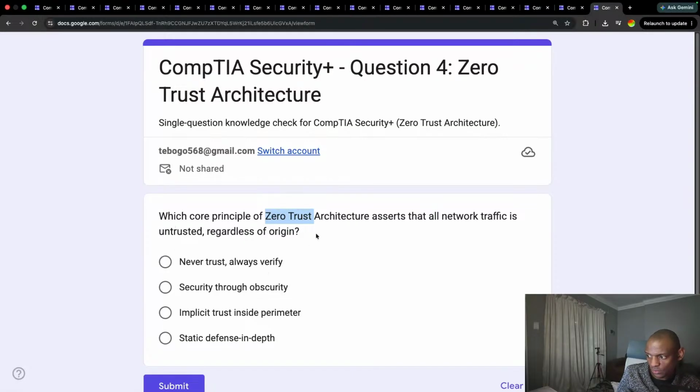So if you know zero trust, then definitely you can answer this question. They've got 4 options: never trust, always verify, security through ops security, implicit trust inside perimeter, or static defense in depth.